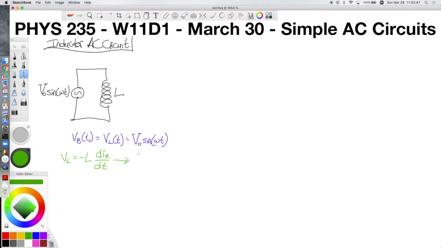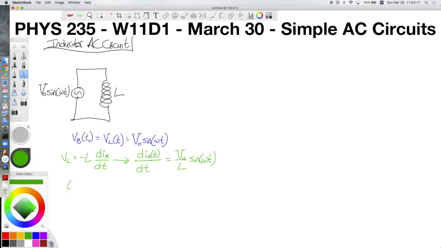So from this, we can solve for the derivative of the current with respect to time, which gives you V0 over L times sine of omega t. So from this, we could take an integral if we needed to solve for the current as a function of time, and you end up with the following expression.